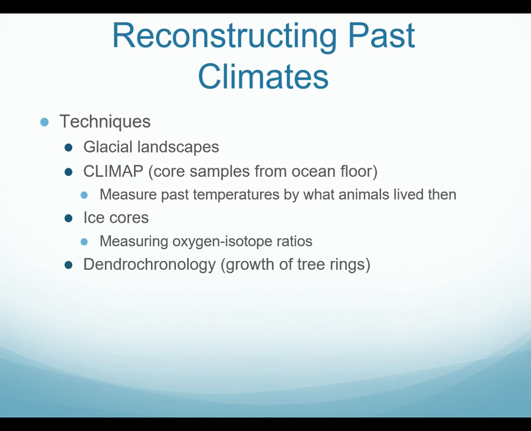And so you can tell how much precipitation was in a given year, because if you have a lot of precipitation, there's a lot of growth, so you have a really thick ring for that year. If it was a dry year, the growth of a tree ring for that year is rather short as well.